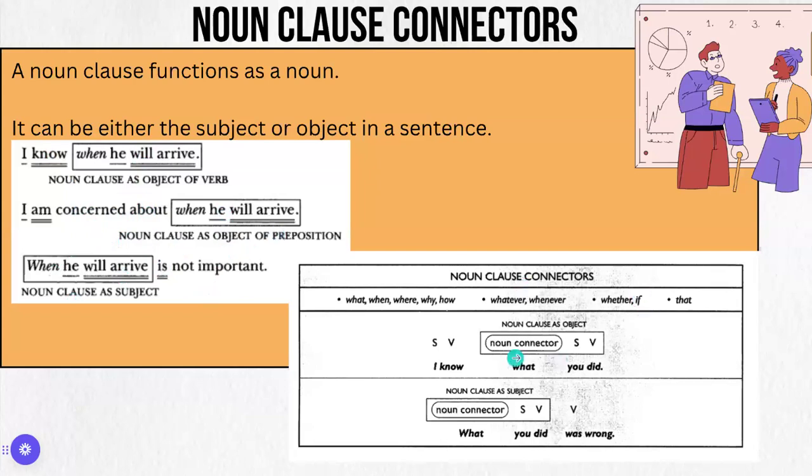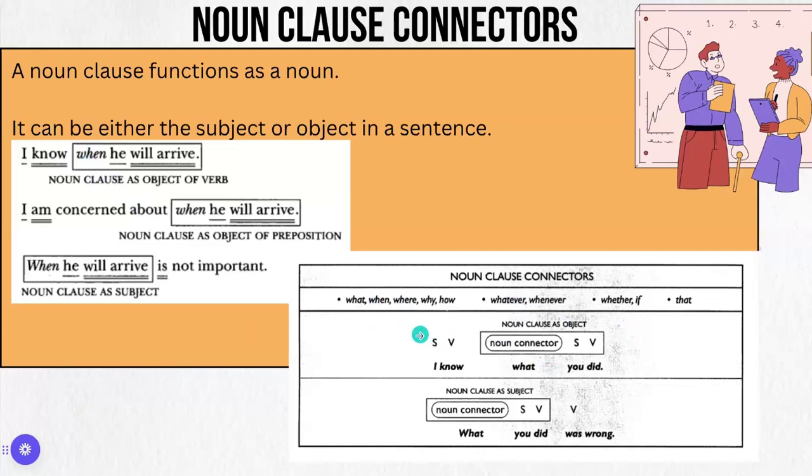So basically, sentences with noun clauses will follow this structure. You will see words like what, when, where, why, how, whatever, whenever, whether, if, that, at the beginning of the noun clause, like in this case, when he will arrive.